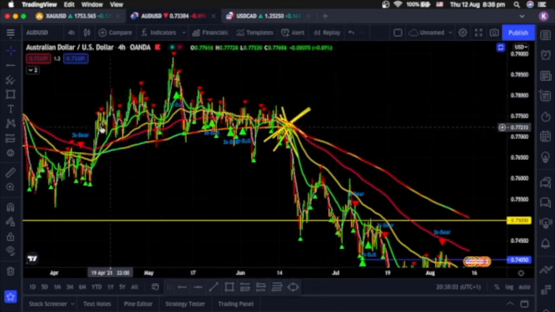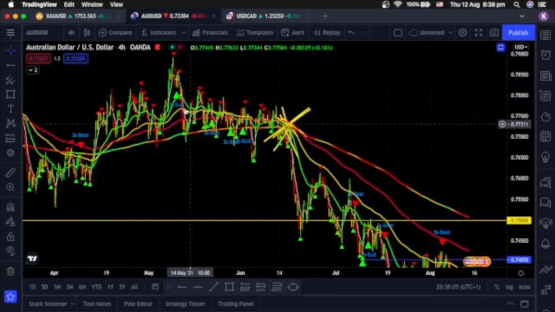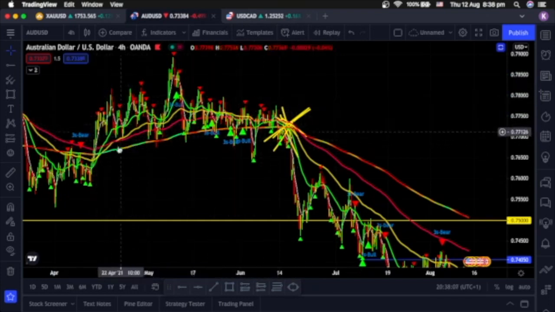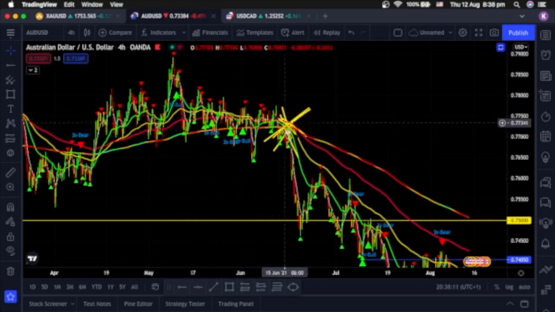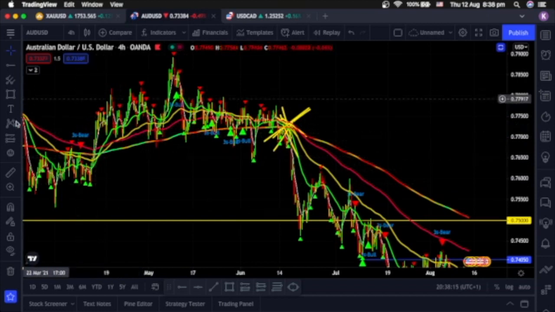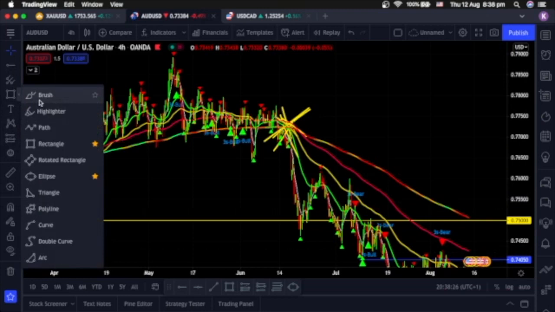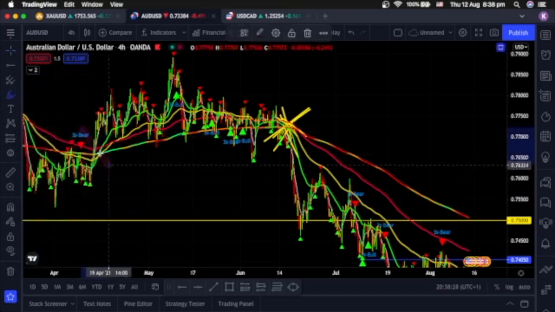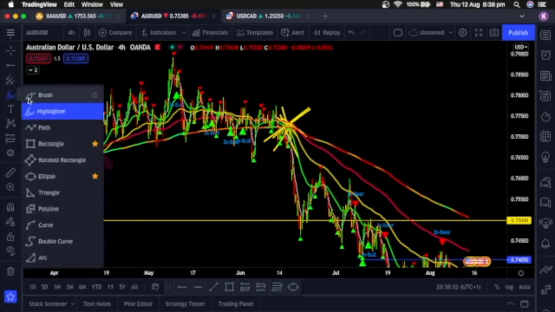Now, how do you know? Obviously, I do not trade during a consolidation period. As you can see, all the moving averages are going side to side. Even here, when they crossed, look here, guys. Where's my brush? Right here. Oh, sorry, that was not my brush.